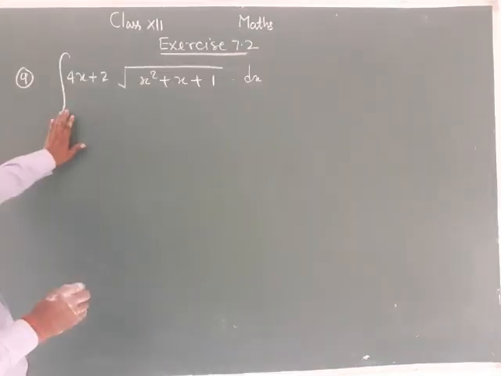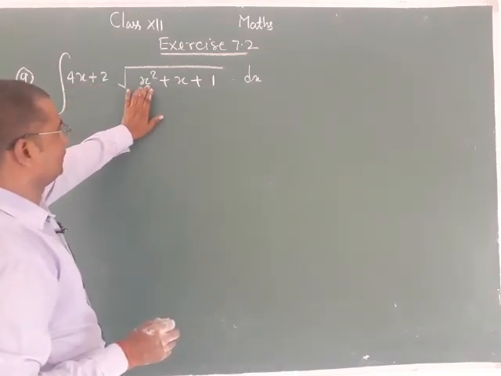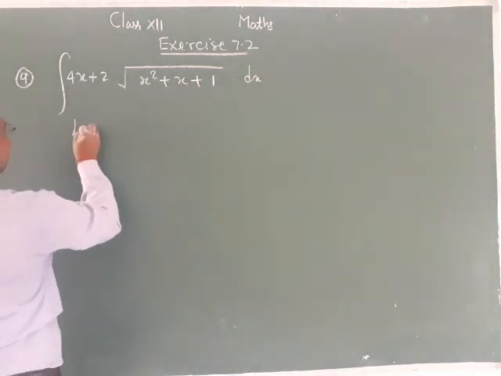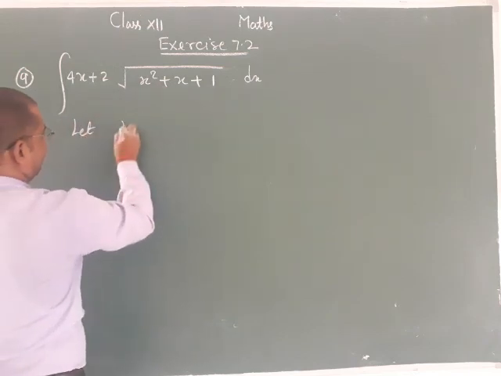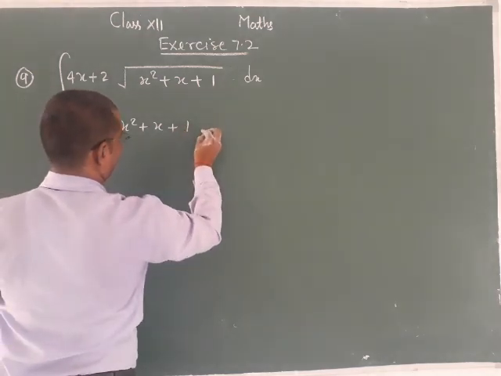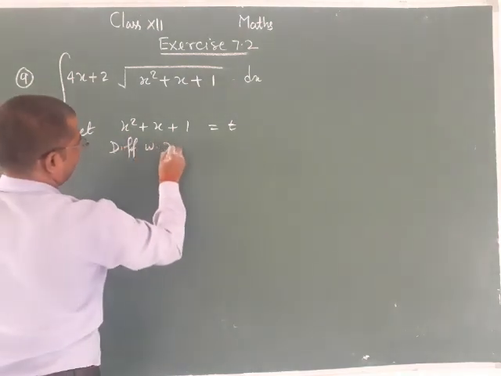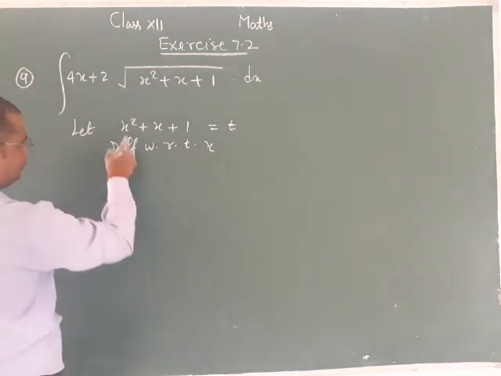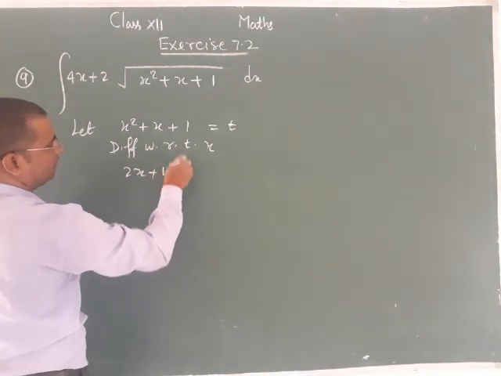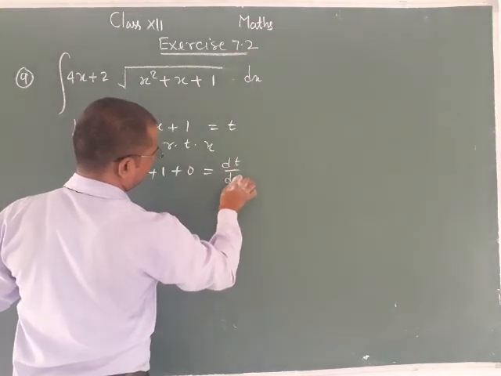Question number 9. Integral of 4x plus 2 root x square plus x plus 1. Now let x square plus x plus 1 be equal to t. Now differentiate with respect to x. So the derivative of x square is 2x, the derivative of x is 1, and the derivative of the constant 1 is 0, equal to dt upon dx.